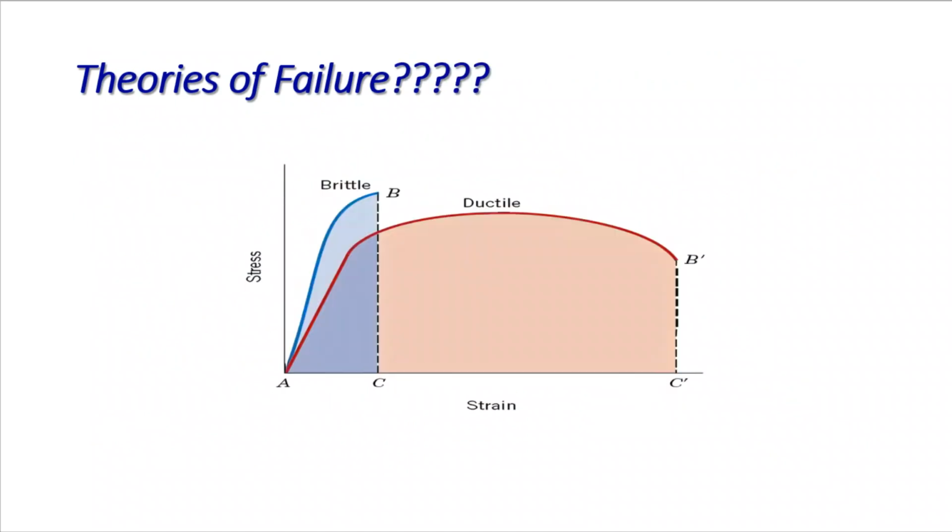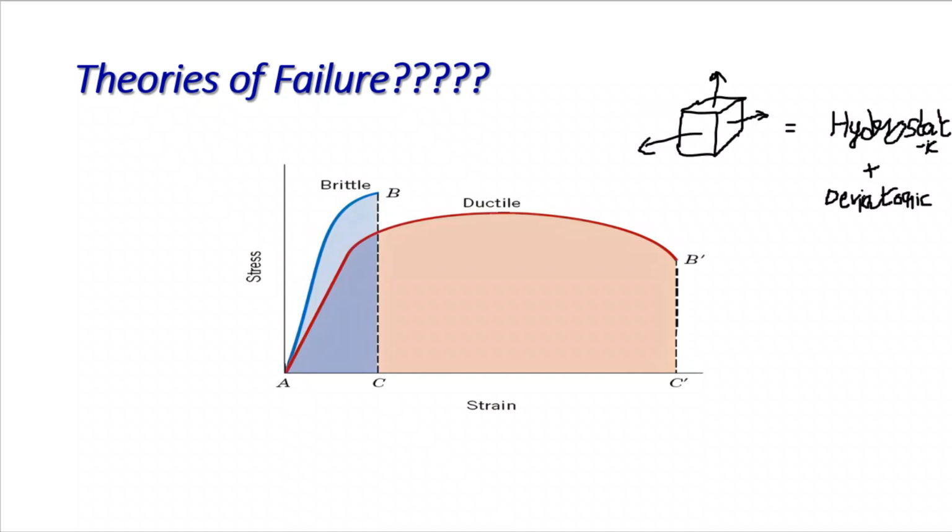One more important point when discussing the theories of failure is, will brittle material and ductile material exhibit the same nature under the loadings? No. In case of brittle, it may fail under triaxial loading, but ductile need not fail under the triaxial loading.